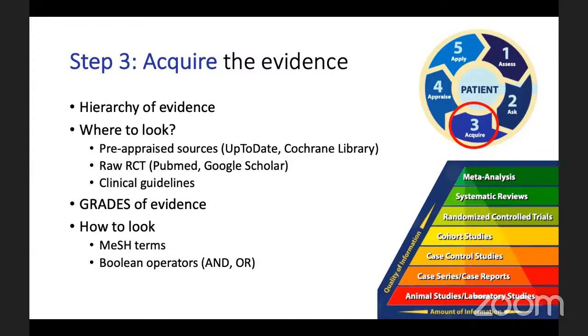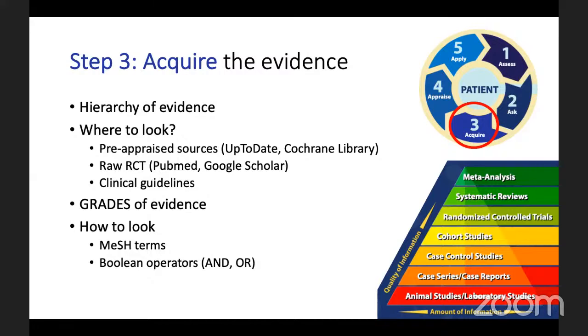A systematic review refers to the entire process of selecting, evaluating, and synthesizing all available evidence on a specific topic. And meta-analysis refers to the statistical approach to pooling the data derived from all the randomized control trials included in the systematic review. So it's also important to look at where we look for evidence.